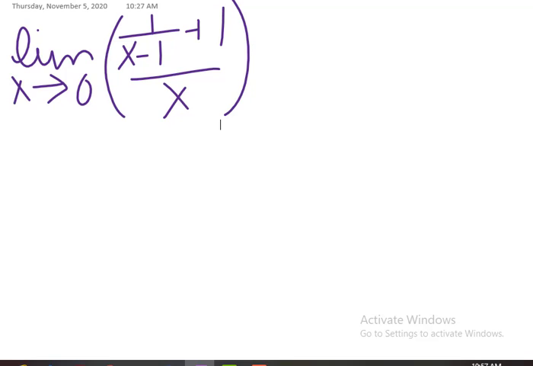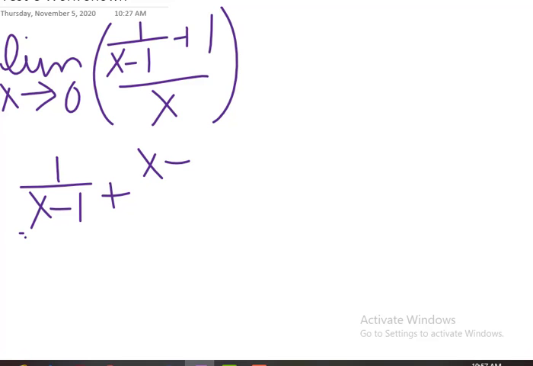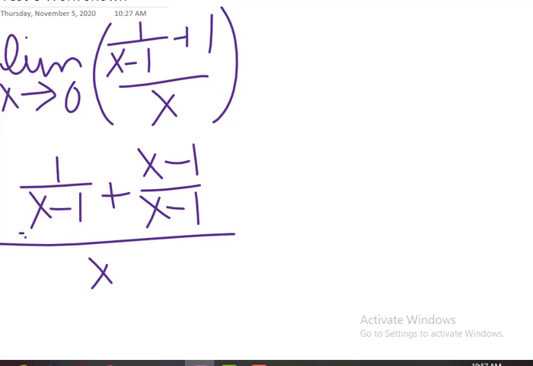So what we're going to do is take a look at this function inside, and change the way it looks so that we can evaluate the limit. So I'm going to look at 1 over x minus 1 divided, and then add x minus 1 over x minus 1 to combine the two terms on the top.